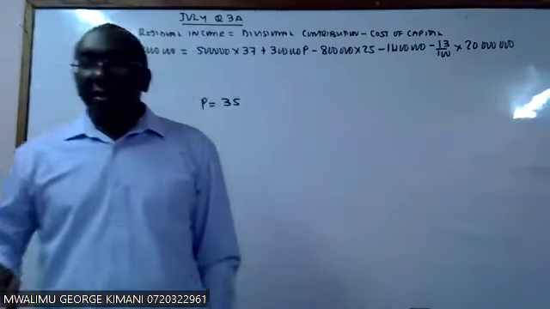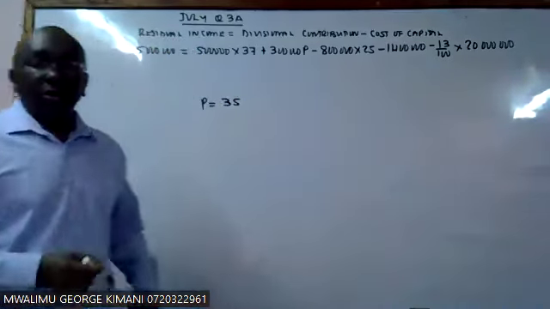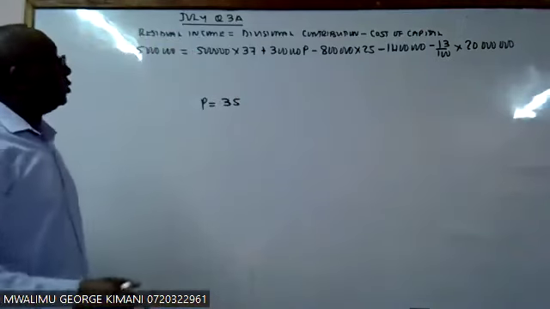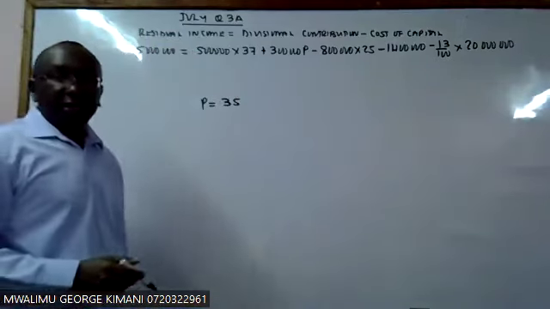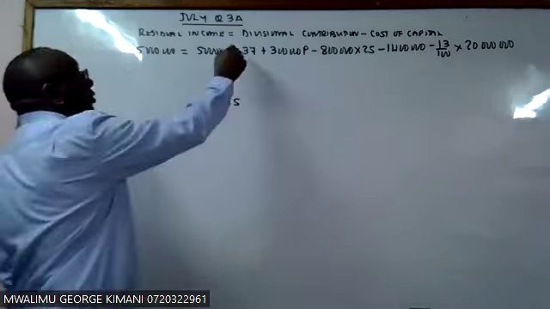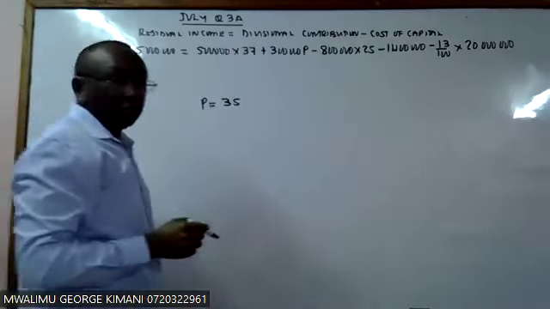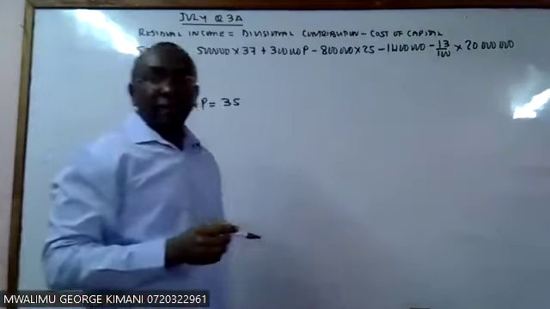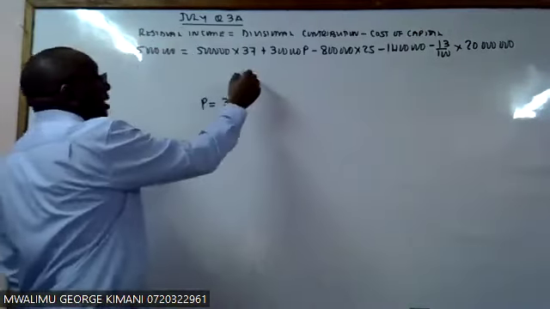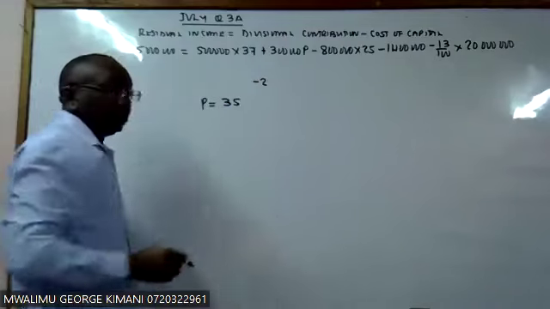So why are we saying so? It is because this same manager and the same product is able to sell to the outside world at 37. So if he is told to sell at 35, it means that he's losing 2 shillings per unit.